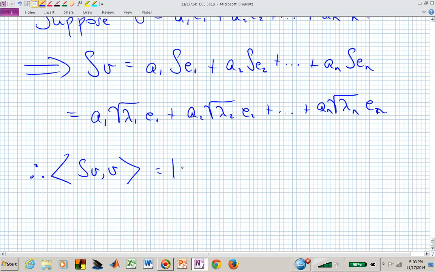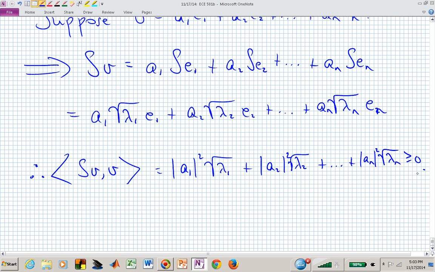But this now says that I have A1 times its conjugate, so that's the amplitude of A1 squared, times the square root of lambda 1, and E1 times E1 star is 1, so that goes away. I now have A sub 2 squared, square root of lambda sub 2, plus dot dot dot plus A sub n, absolute value squared, square root of lambda sub n, and that's non-negative.